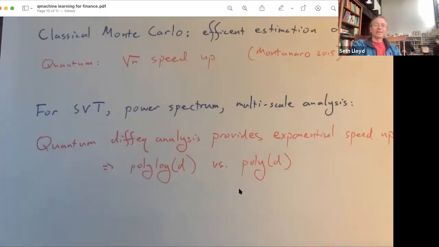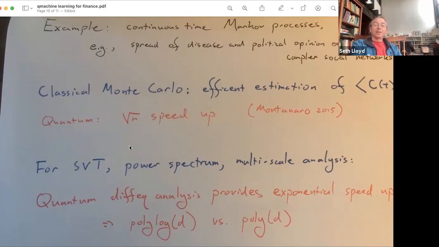You simply find that for things like singular value transformations or principal component analysis, doing Fourier transforms to find the power spectrum of this Monte Carlo, or doing multi-scale analysis via wavelet transforms, these are all things that you can't do with just Monte Carlo sampling. You can't do singular value transformations or principal component analysis. You can't do Fourier transforms, or if you have gigantic high dimensional spaces, you can't do wavelet transforms, because the Monte Carlo just doesn't give you the data in the right form.